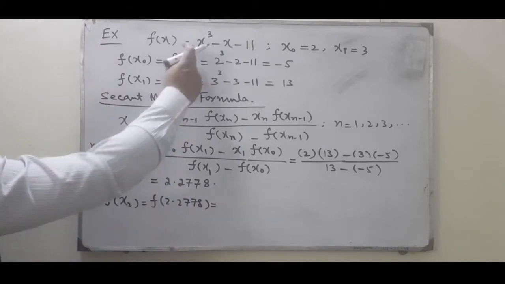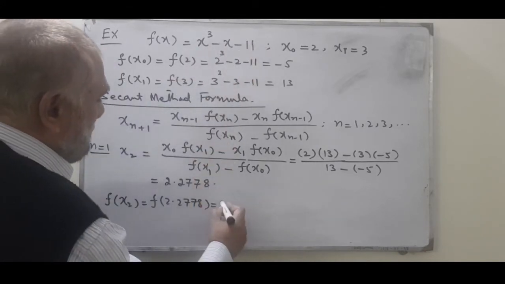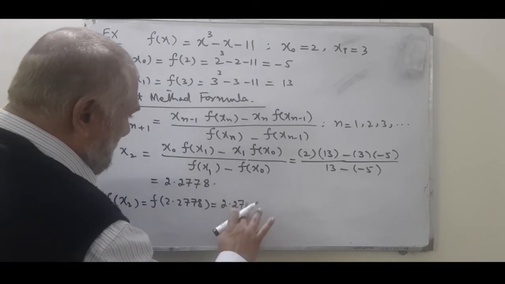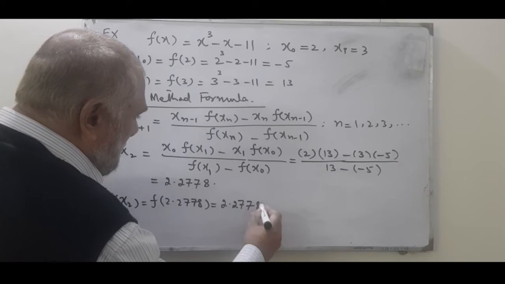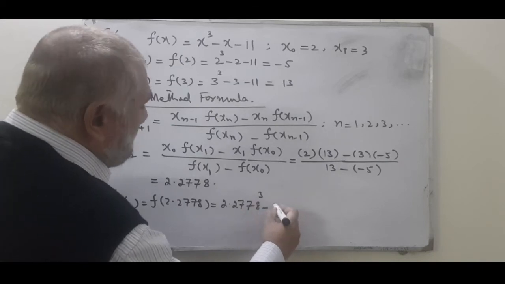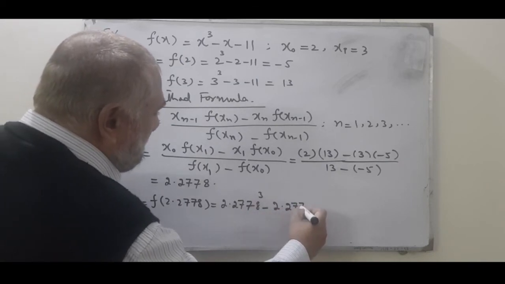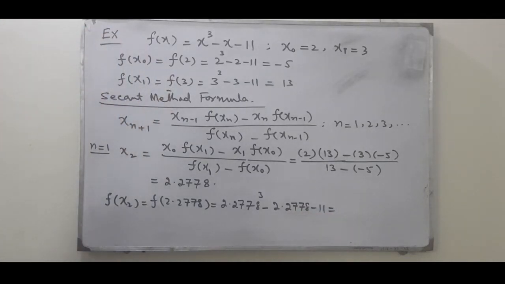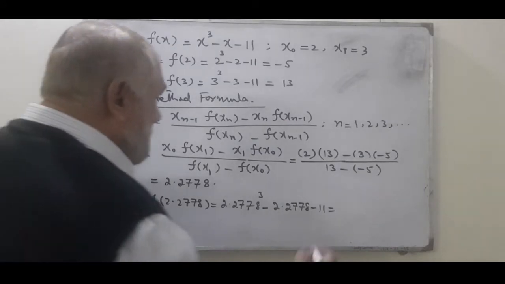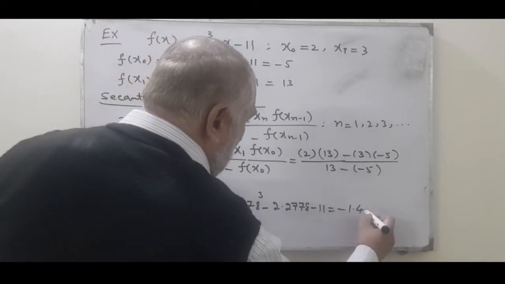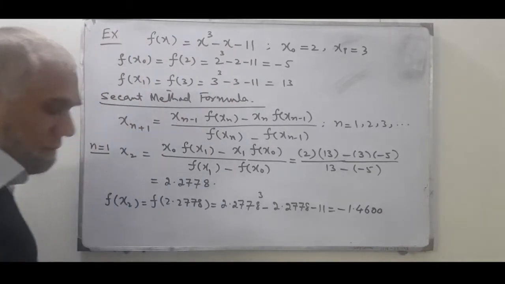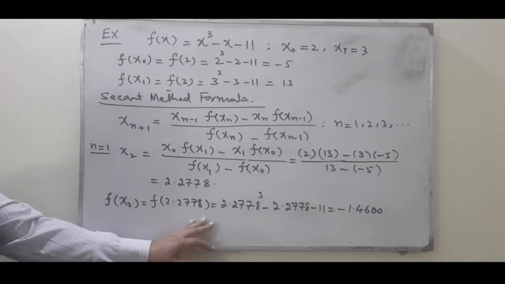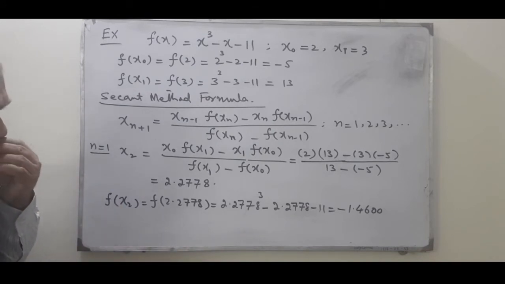You have to put this value into the function, so this gives you (2.2778)³ - 2.2778 - 11. Whenever you substitute this value into the function, you get the result -1.4600. So this is the output after the first iteration. Till here, the first iteration completes.